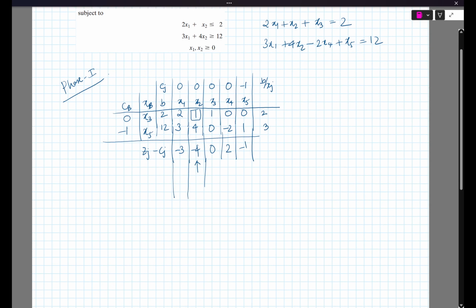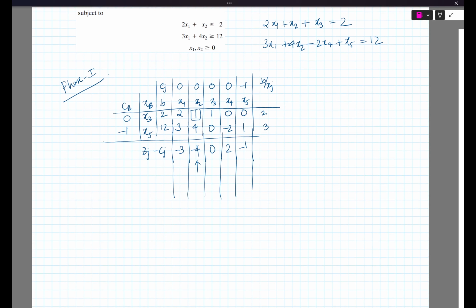So continuing the phase 1 iteration, you will have x3 exits and x2 enters. x2, x5. It's already 1, so I continue 1, 0, 0 to make this 0 into R2, R2 minus 4 times R1, right?